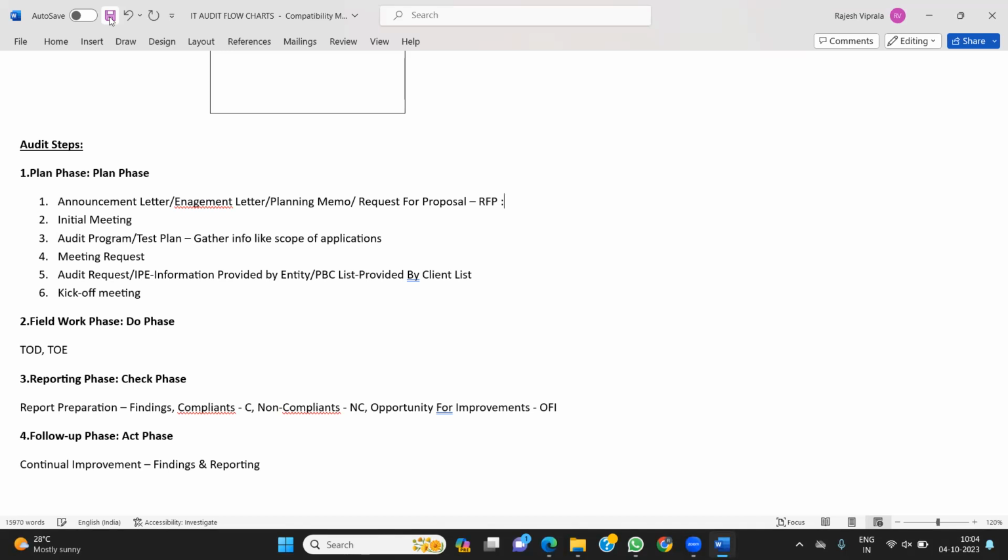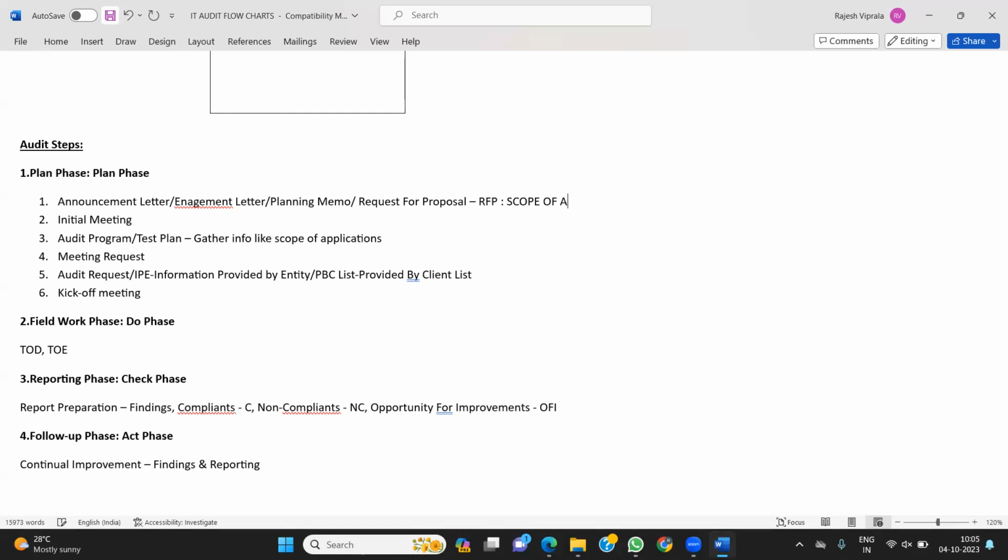So in simple terms, what you need to understand is, if the organization is getting a proposal from any other organization, they should be getting a document.